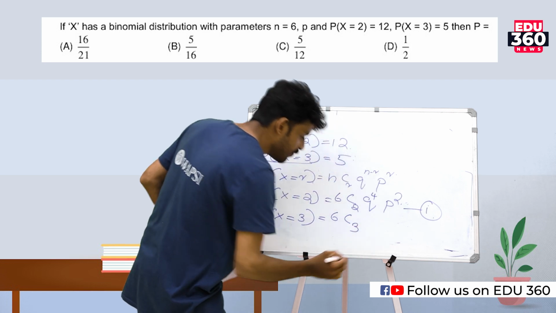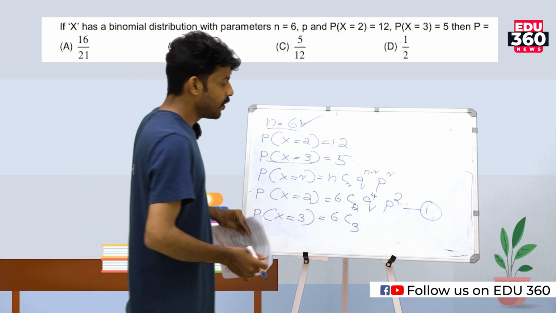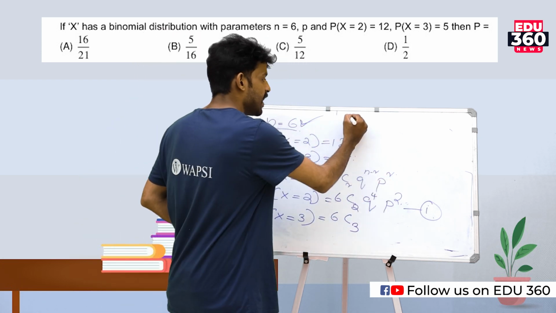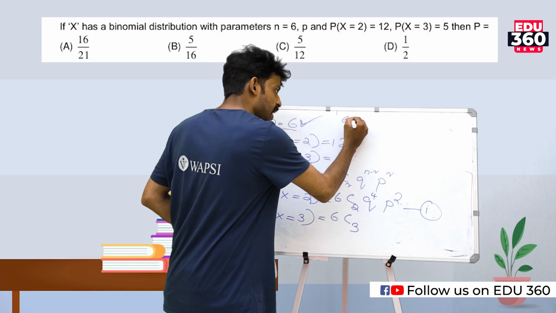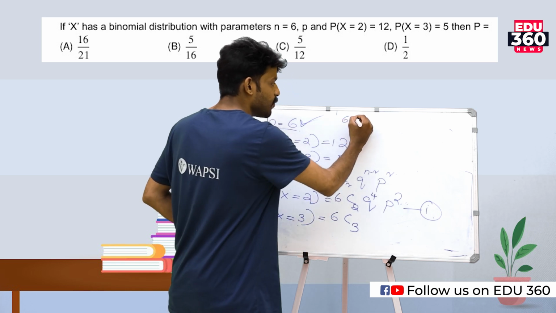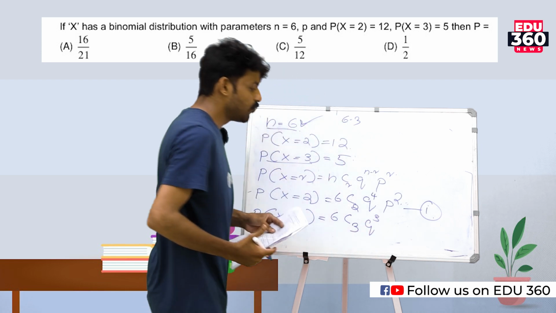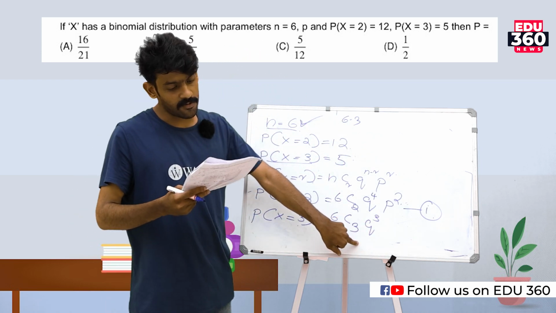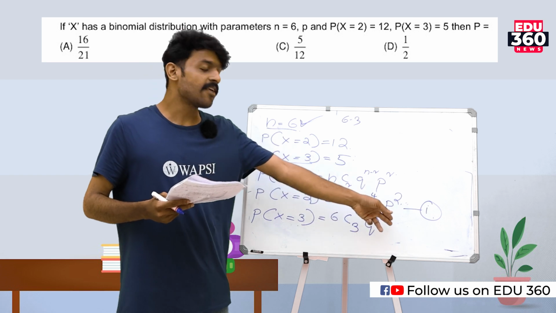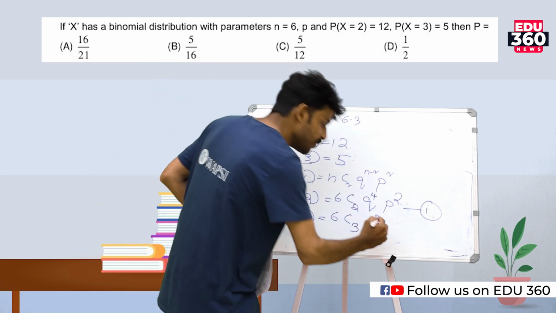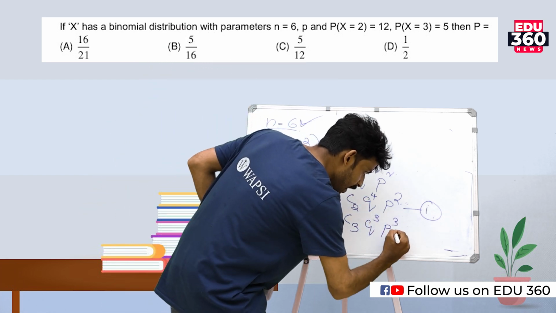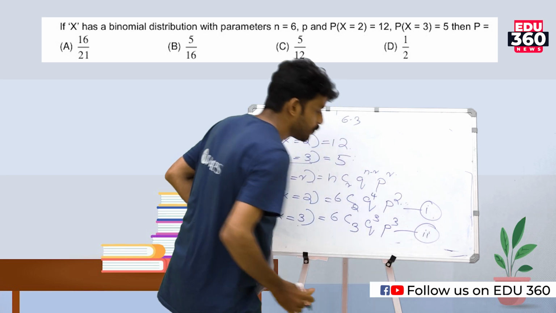So 6C3 into q raised to n minus r, that is 6 minus 3, so it will become q raised to 3. The last one is p raised to r, which here is p cube. And we can put it as equation number 2.